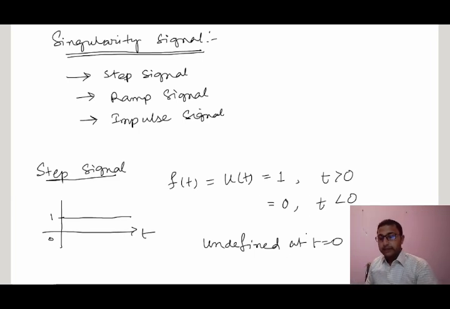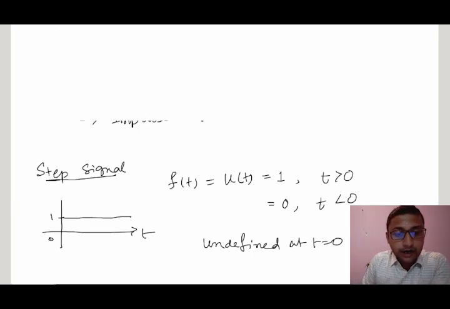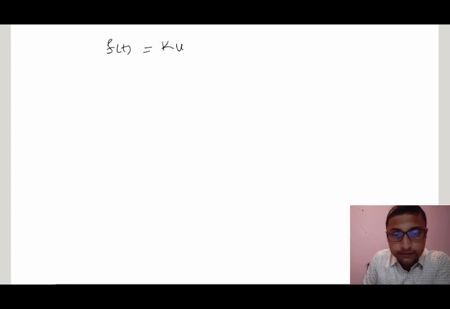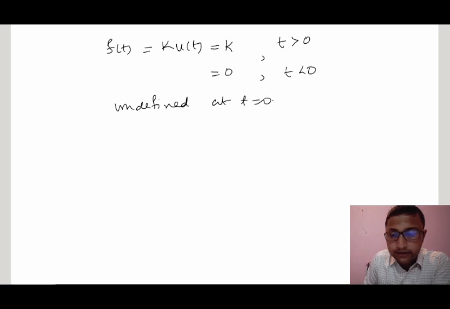Next, suppose here is a step signal with constant magnitude k. That means f(t) is equal to the constant magnitude k times u(t), that is equal to k for t greater than 0 and equal to 0 for t less than 0, and similarly undefined at t equal to 0.